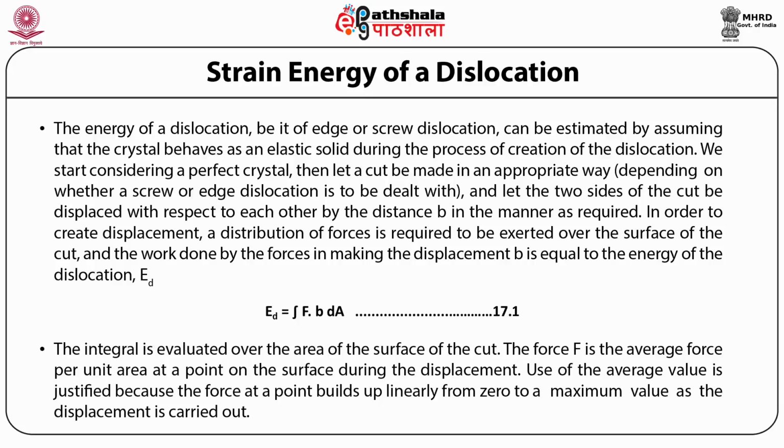The force F is the average force per unit area at a point on the surface during the displacement. Use of the average value is justified because the force at a point builds up linearly from zero to a maximum value as the displacement is carried out.